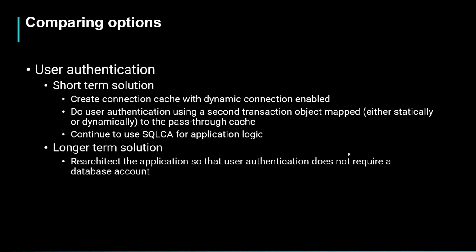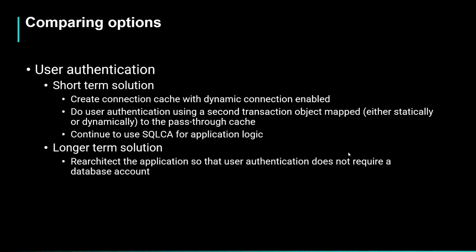Once you know the user is valid, you disconnect that connection, throw it away, and then allow the user in, but you haven't allowed them to use SQL CA. So that means that you don't have to immediately refactor your database authentication. That's one way to do it a little more quickly.